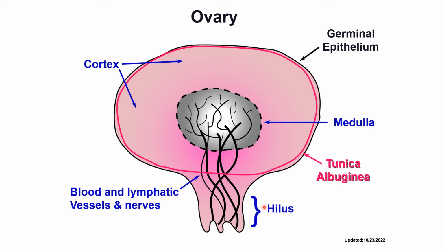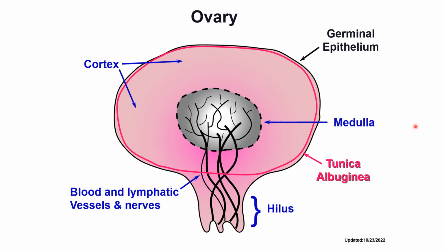The cortex is the main functional area of the ovary and performs the gametogenic and the endocrine functions. When we say gametogenic function, it is where the oocyte will develop via the follicles. When we say endocrine function, it is where the hormones, progesterone and estrogen, are produced.